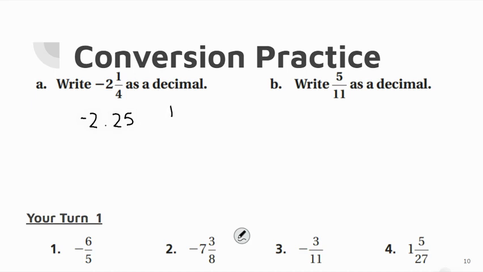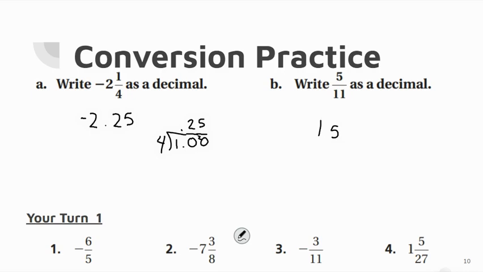You can also do that manually, 1 divided by 4, and we would get the same outcome by hand. We put the decimal here, carry it up. 4 goes into 10 twice, carry the 1, we have 2 left over, 4 goes into 20 five times. So -2.25, and we'll keep the negative there.